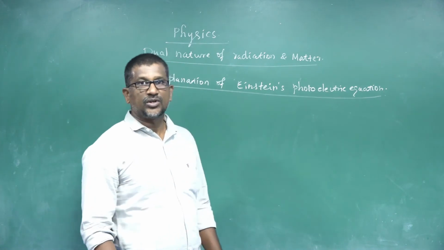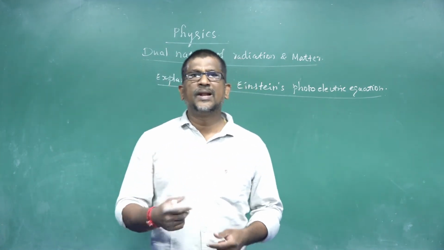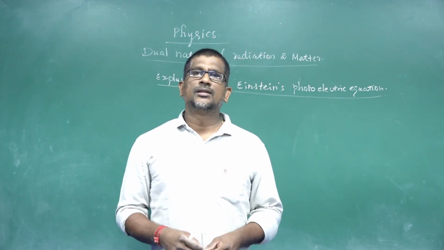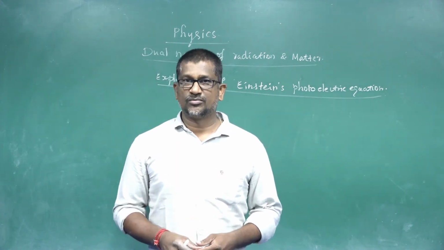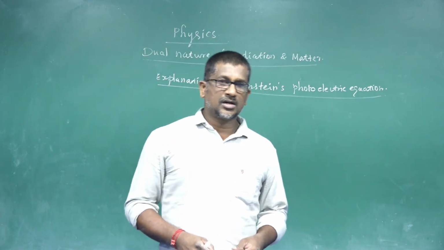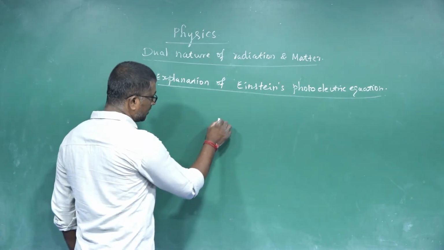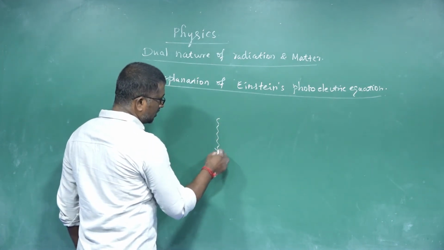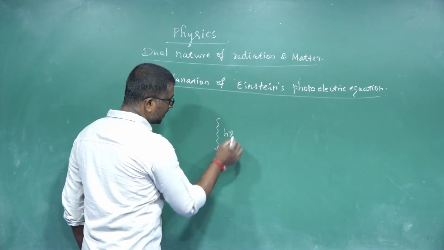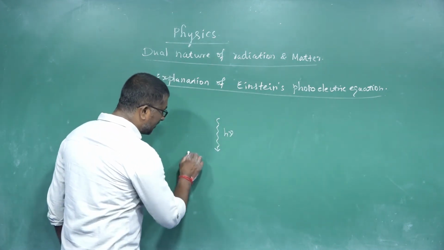So Einstein explained the photoelectric effect on the basis of the quantum theory of radiation. According to him, let us consider a single photon of energy h nu in the radiation incident on a metal surface.